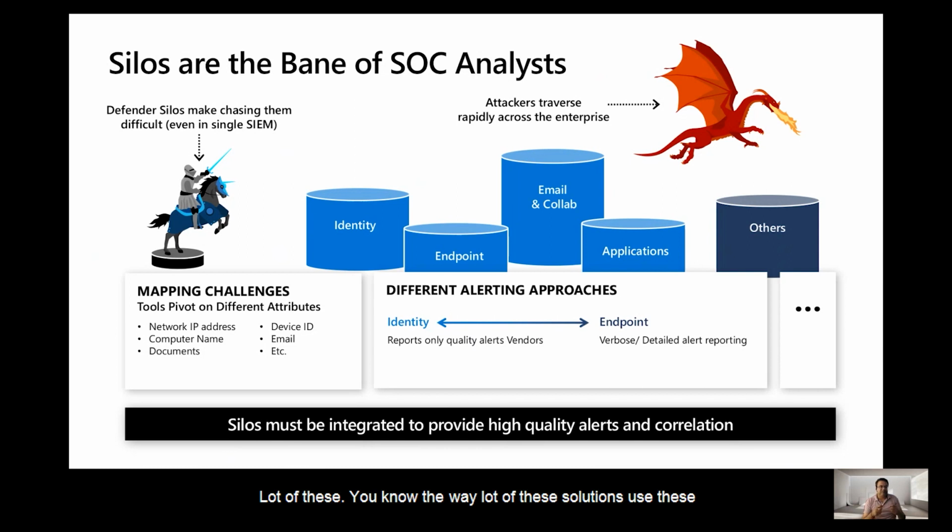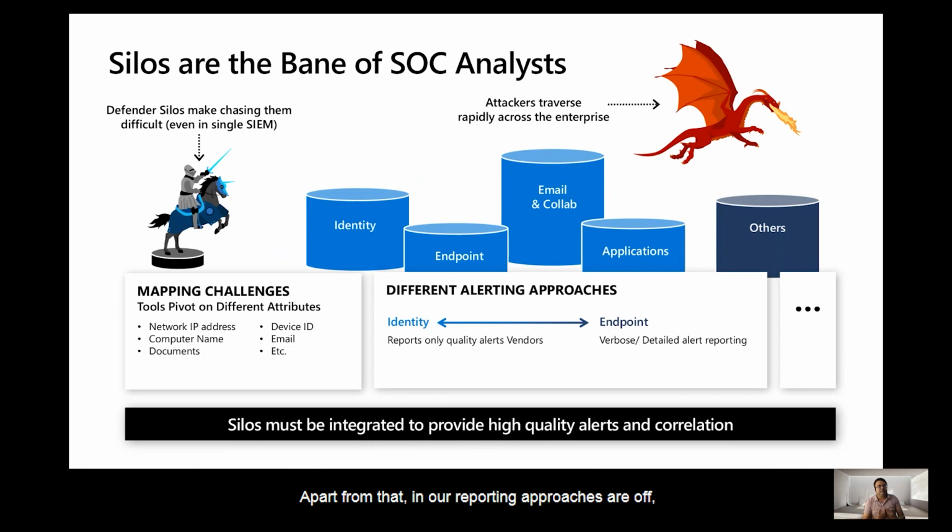The way a lot of these solutions use these different entities in a different manner creates challenges of mapping and figuring out a common set of anomalies and anomalous patterns across these different solutions, in lack of a common normalization which may not exist. And if you have to do it on your own at the SIEM level, it becomes very, very difficult.